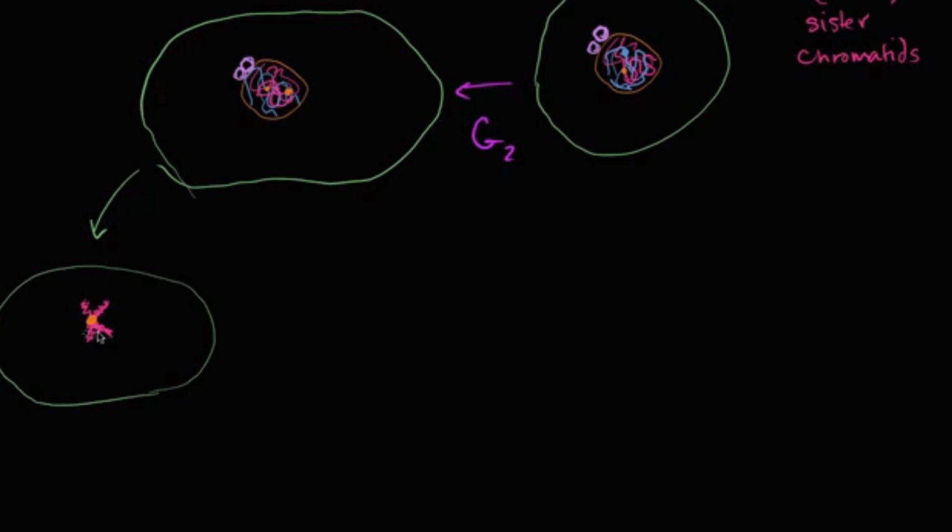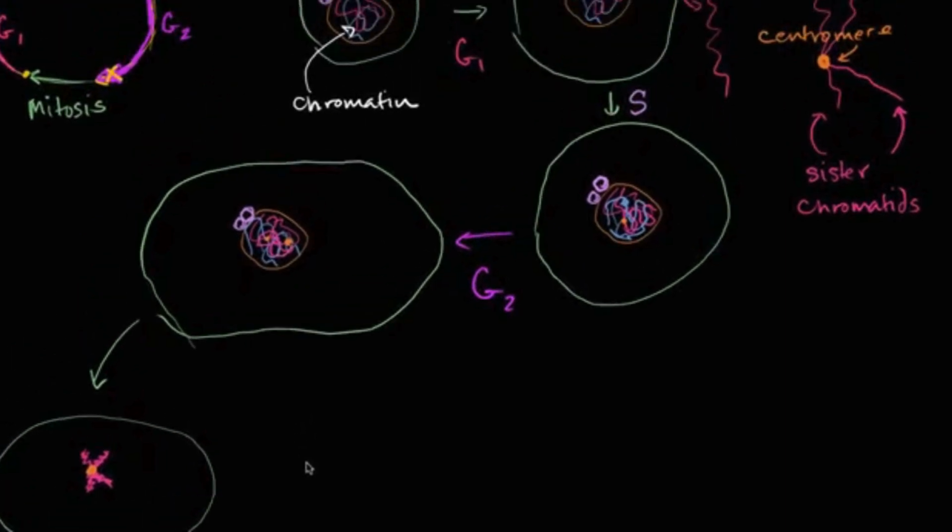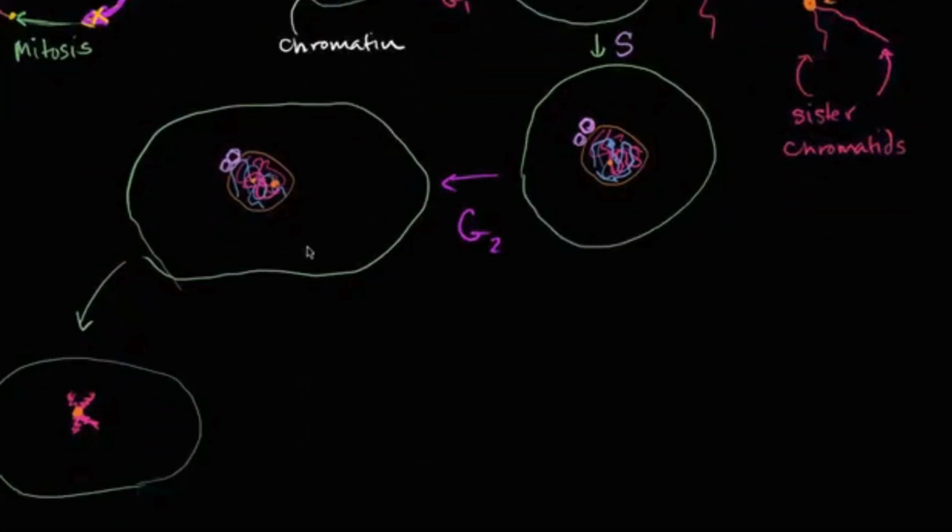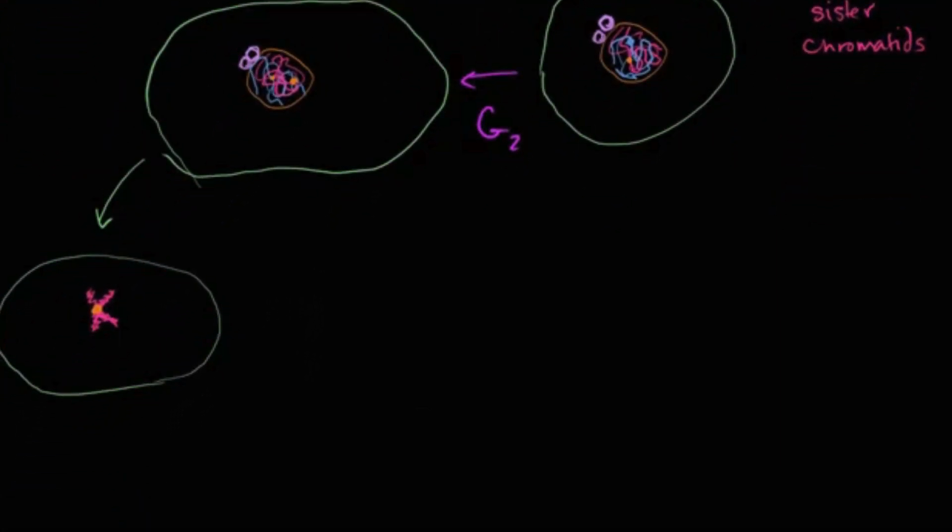Right now, both of these two sister chromatids combined are considered to be one chromosome, even though before replication, the magenta stuff was still considered to be one chromosome. And we can draw the blue chromosome. Once again, it's now in the condensed form. That's one sister chromatid right over there. That's another sister chromatid. They are connected at the centromere.